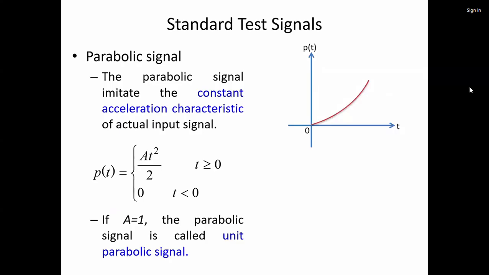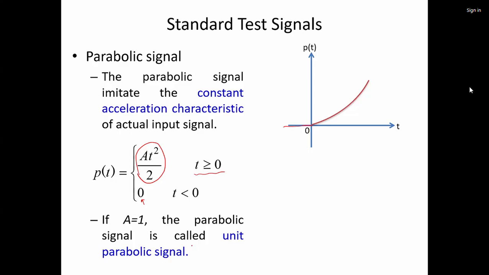Then you have a parabolic signal, and this parabolic signal basically emulates a constant acceleration curve. Typically the parabolic signal is given as A times t squared by 2 for time t greater than or equal to 0, and for time t less than 0, it is actually 0.